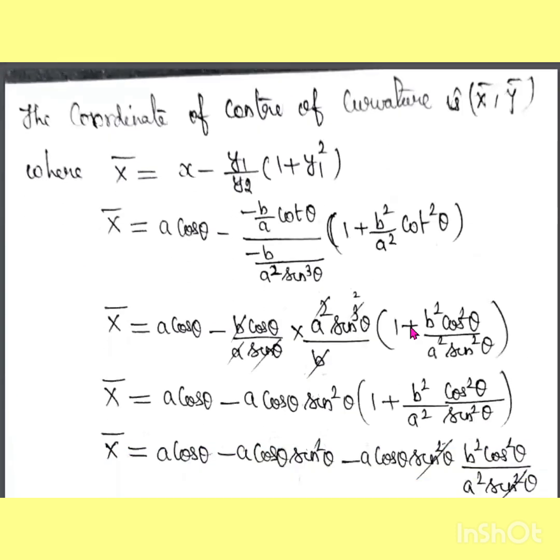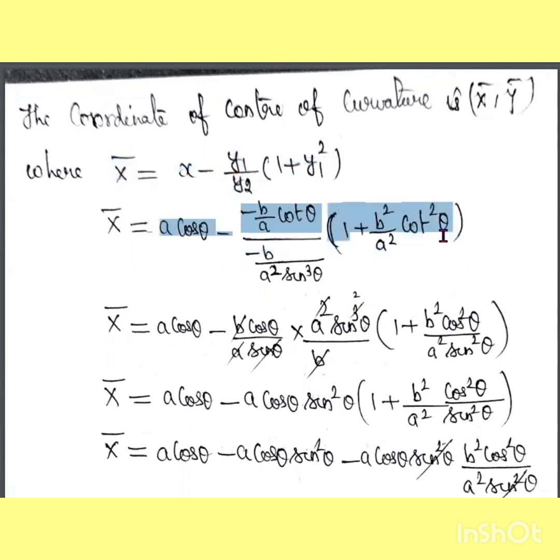Next, the coordinate of the center of curvature is x bar, comma y bar. What is x bar? That is the formula: x bar is equal to x minus y1 divided by y2 into 1 plus y1 square.